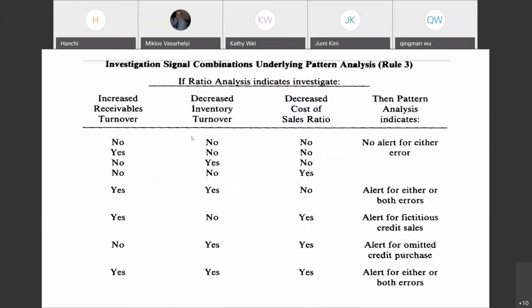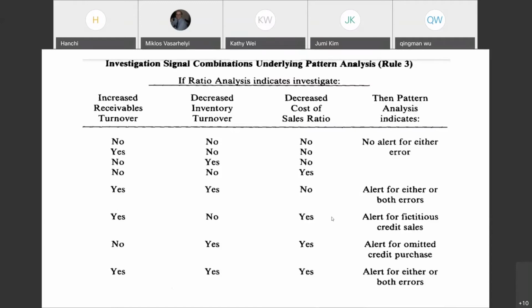Here is an example of the third rule. We can see that, for example, if we find that there is no increase in receivable turnover, no decrease in inventory turnover, and no decrease in the cost of sales ratio, then we assume that there is no alert for either error, and we will have alerts in other situations.